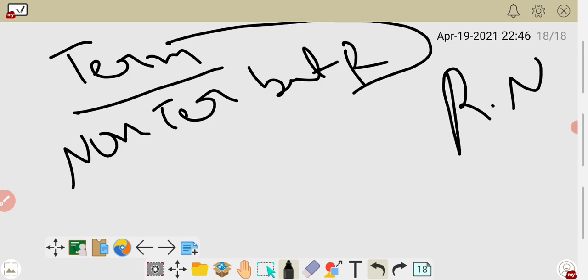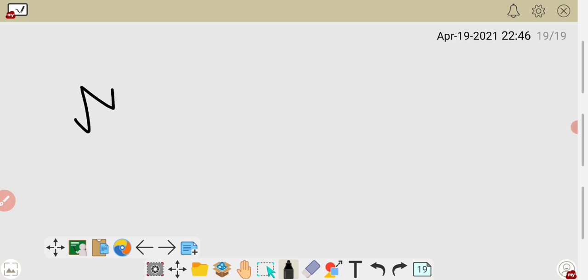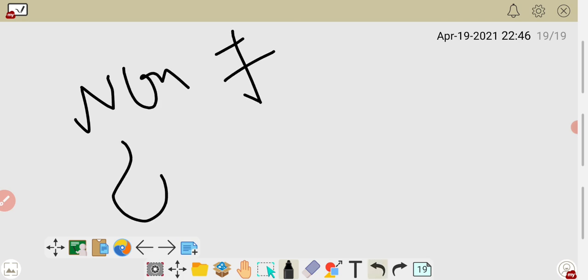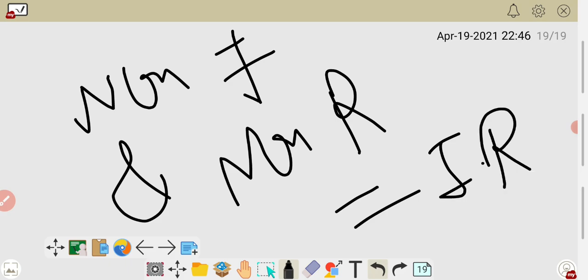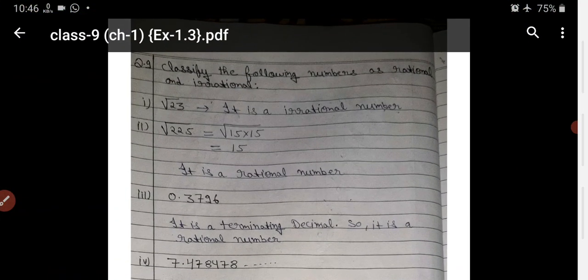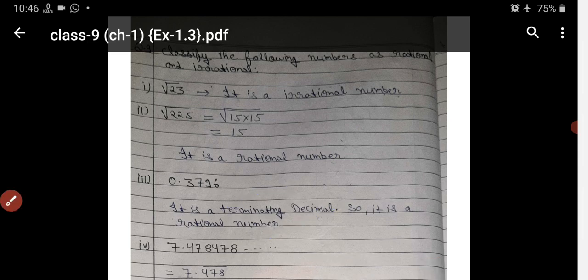If it is terminating and non-terminating but repeating, then it is a rational number. Okay, and if it is non-terminating and non-repeating, so they are known as what? Irrational number. Okay, so now just see here, is it a terminating decimal or not? It is a terminating decimal, so it represents what? Rational number. By that definition, it represents a rational number.